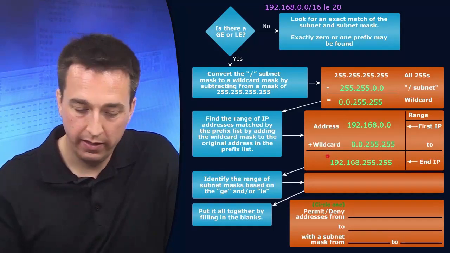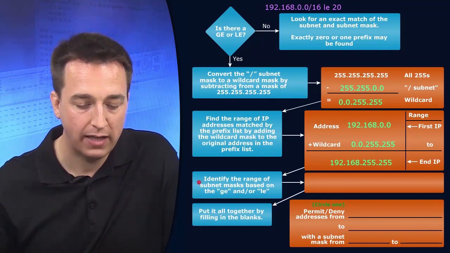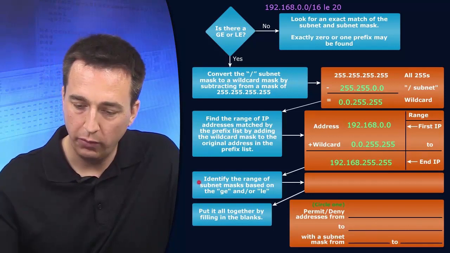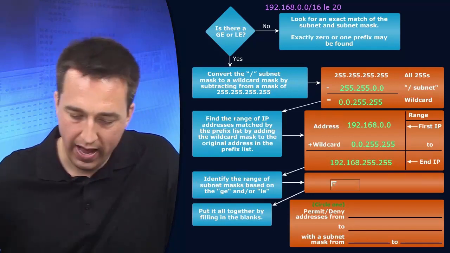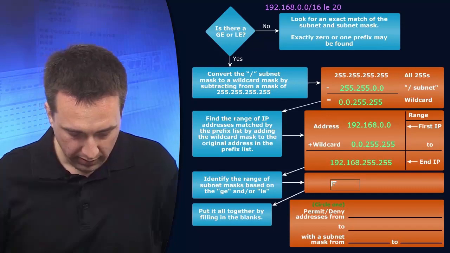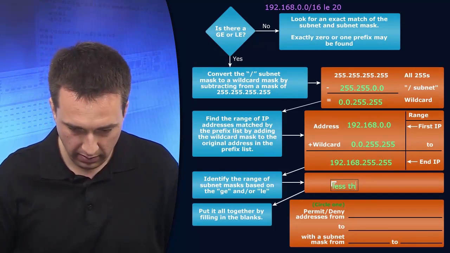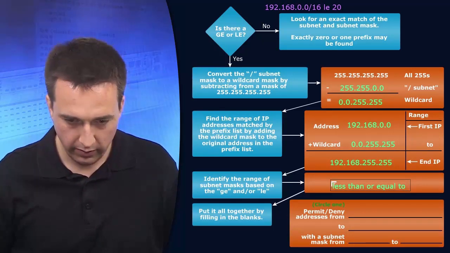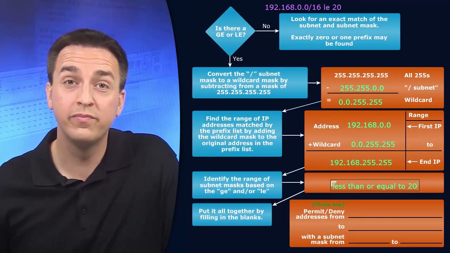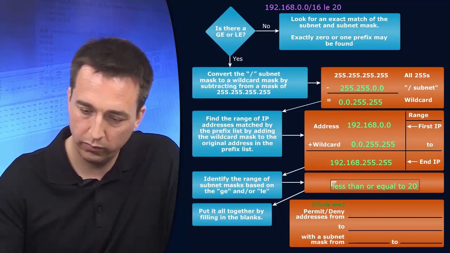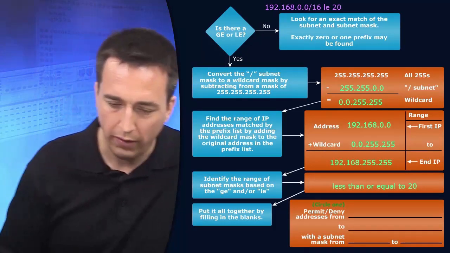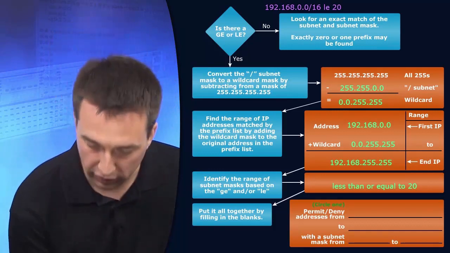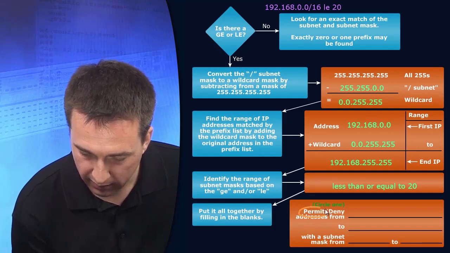And then it says identify the range of subnet masks based on the GE and or LE. So it says LE 20. So we can put that in. We can say that the subnet mask has to be less than or equal to 20. And then let's fill it in at the bottom. What does the bottom say? It says put it all together. All right, so our access control list, if you remember, was a permit. So I'm going to circle it. It says permit.